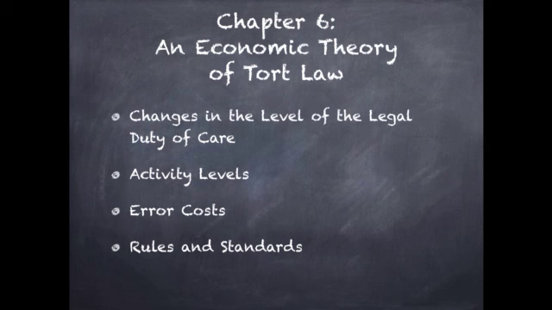The question before the legal decision maker is not whether the party's behavior was reasonable, but whether it was within the bounds set by the rule. So make sure you understand the difference between having rules versus standards. The standard we talked about was behaving reasonably, taking reasonable actions, and there's uncertainty with that, and also there's the cost of going to court in order to determine whether or not the activities were actually reasonable, whereas a rule eliminates a lot of those costs.